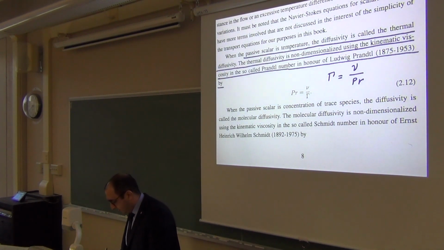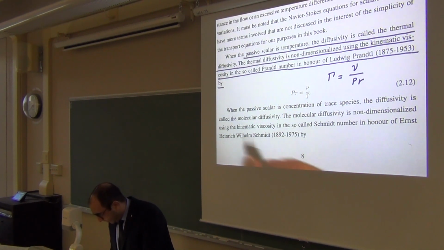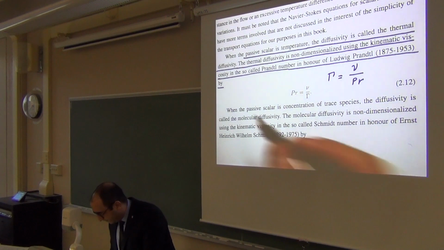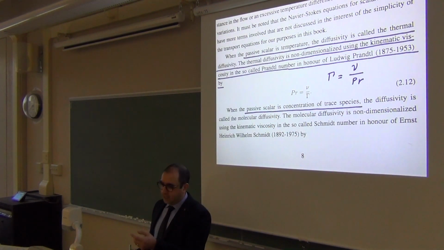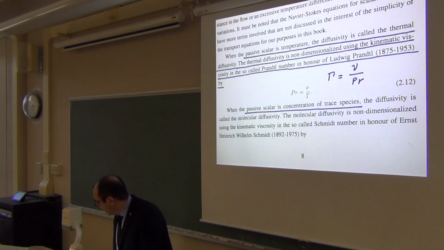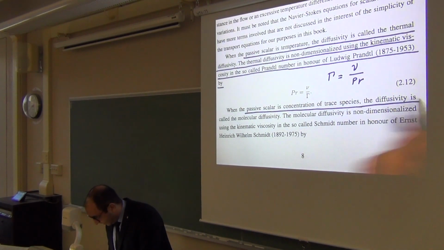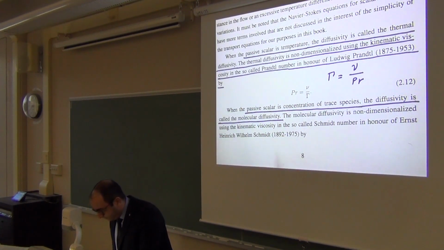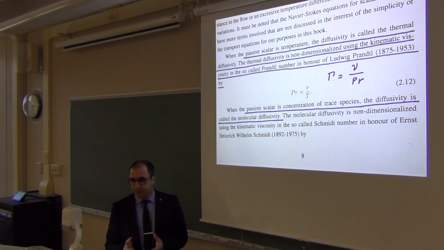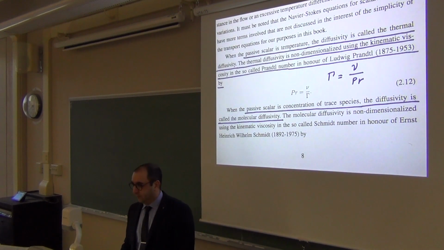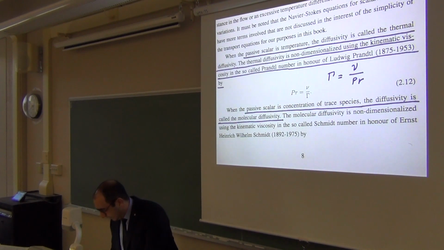Another way to define passive scalar is to consider it as a concentration of some tracer species, like the CO2 example that I used. In that case, the diffusivity is called the molecular diffusivity. It's not heat diffusivity anymore, it's just molecular. It's how a species moves through bouncing molecules.